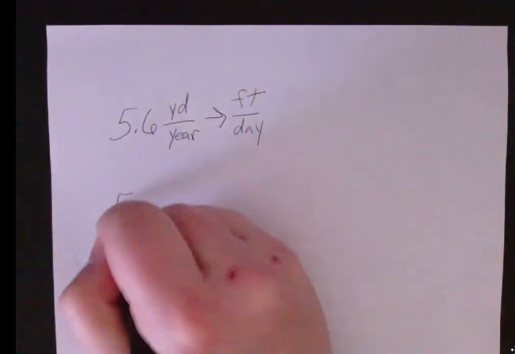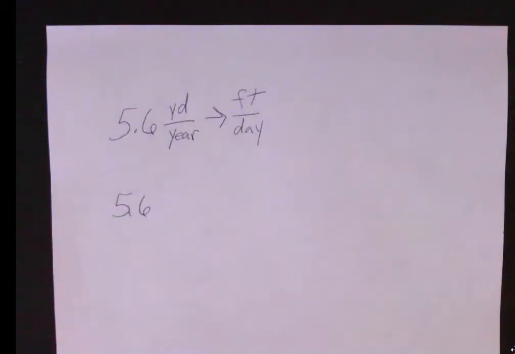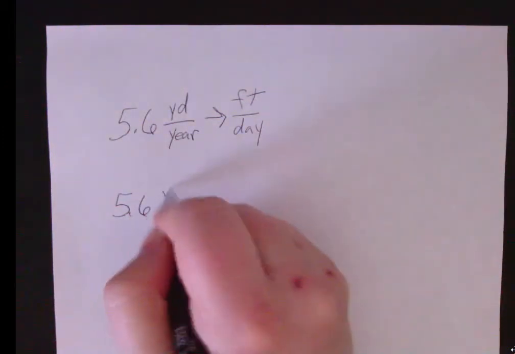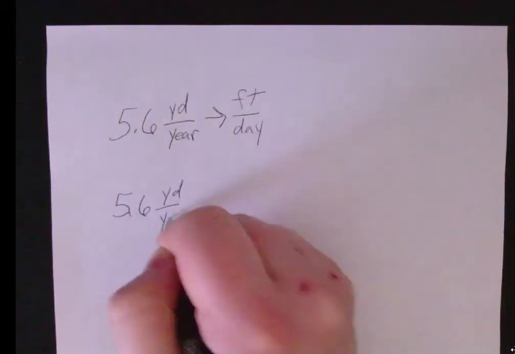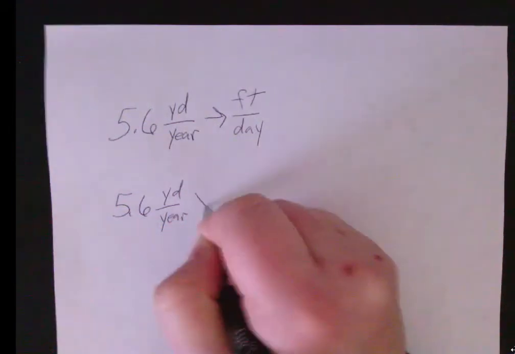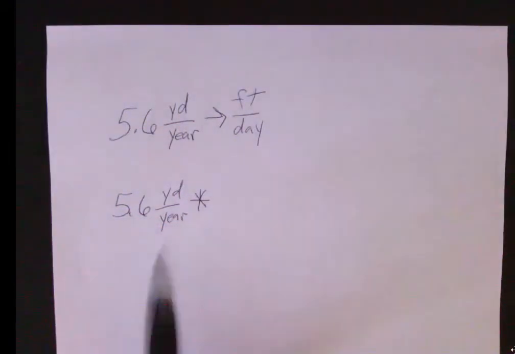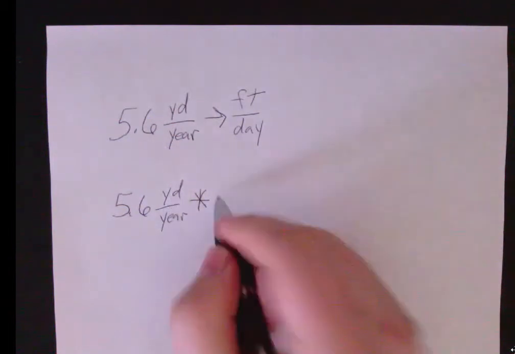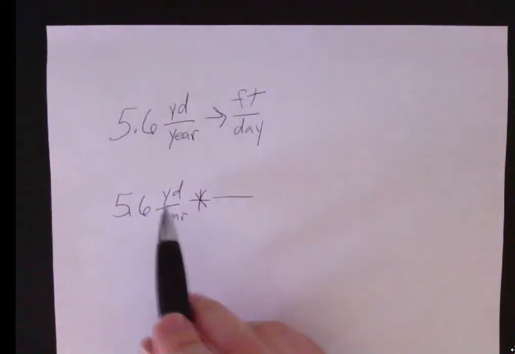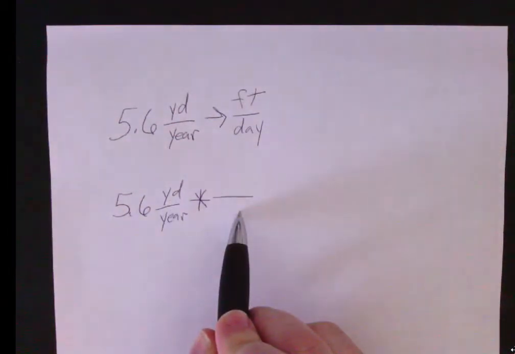So we keep the 5.6, and you're going to start off with that yard per year because that's our starting units. And remember, we want to have these cancel out. So when we look at yards, we want yards to be on the bottom so they cancel each other out.